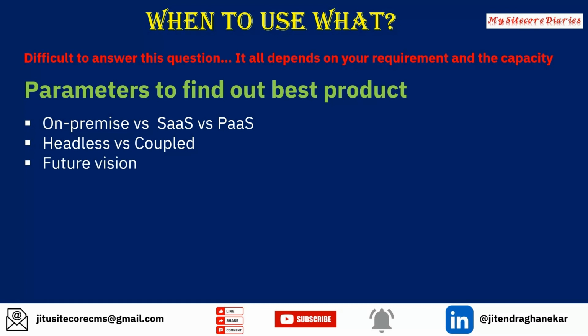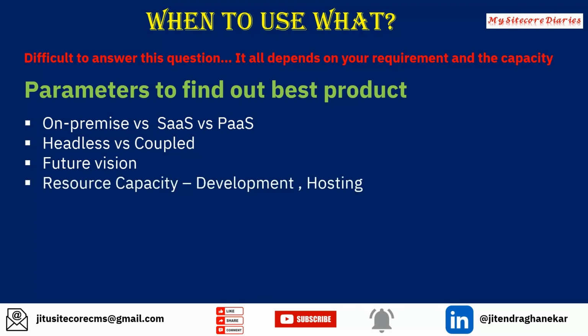You have to think about the future of your organization, what you are looking at in a few years. Depending on that, you can take a decision now on what you want to use: XM Cloud, XM, or XP. Resource capacity is very important: what kind of resources you have in development, hosting, everywhere. Depending on that, you can take a decision.